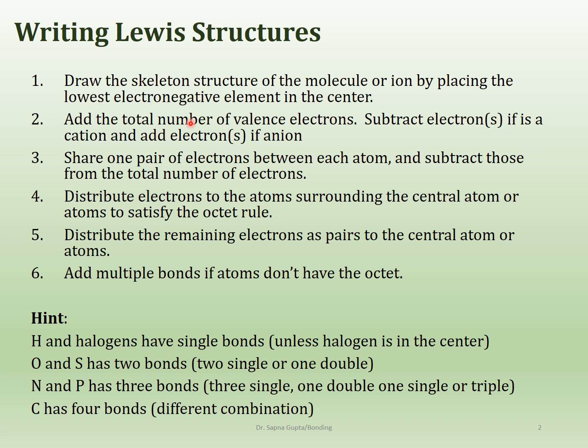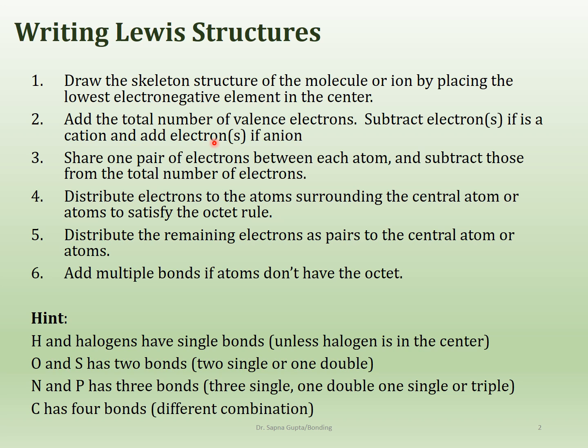The second thing you do then is add all the total number of valence electrons for each atom, not just the central one, not just the outer ones, but everything. Okay, so add all the total valence electrons. Okay, and then you can subtract electrons if it is a cation. So for example, in the ammonium ion, which is +1, you will subtract an electron, and if it is an anion, then you would add the electron, because an anion obviously has more electrons.